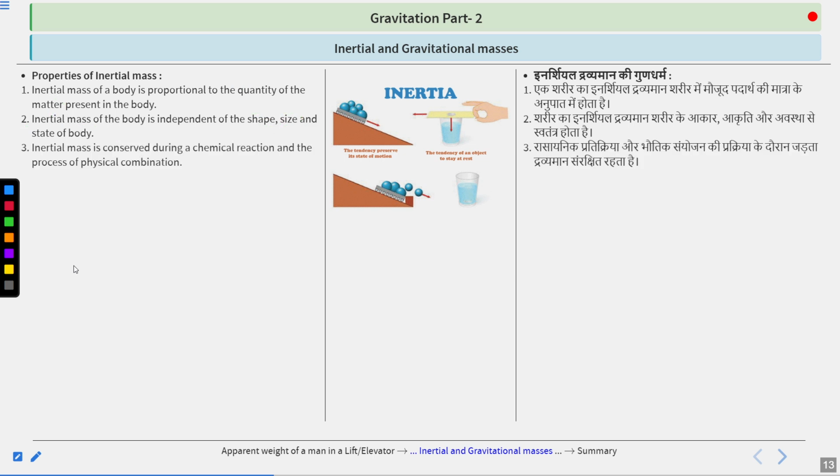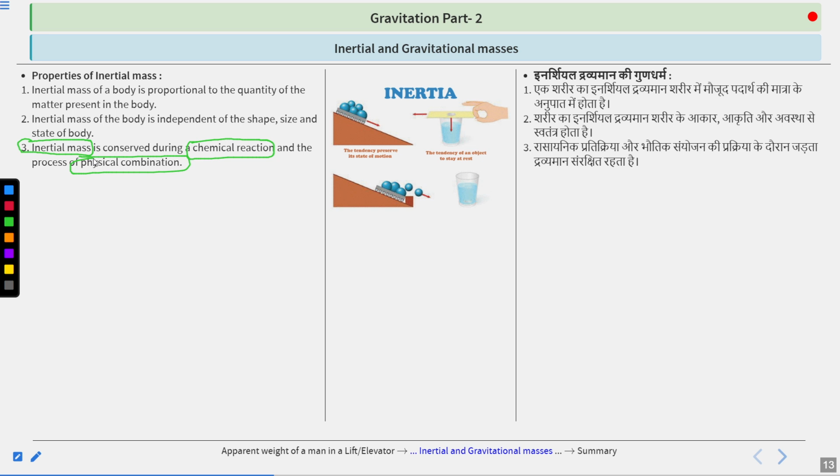Inertial mass is conserved during a chemical reaction and the process of physical combination. So you can say the inertial mass of a body cannot be changed during any chemical reaction or any physical combination. For example, suppose you have two substances, A and B, and these substances go through a chemical reaction.